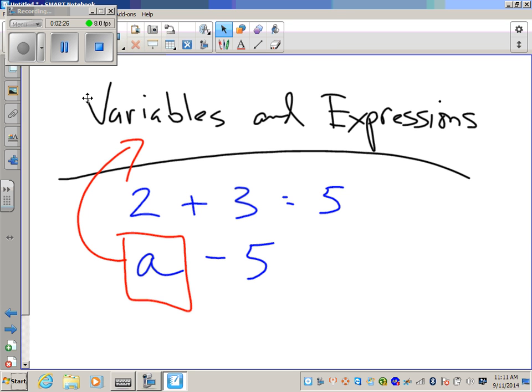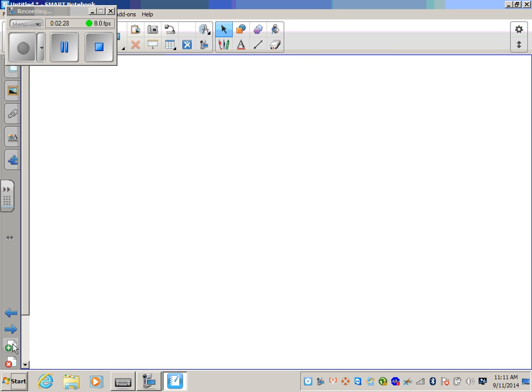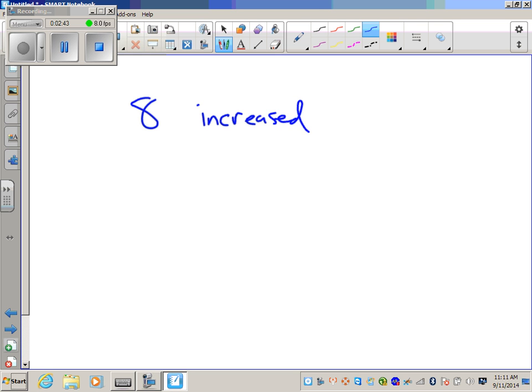For example, if I said to you, give me just a numerical expression that means the same as 8 increased by 20. Okay, that's what it looks like in words. How can I put it into a numerical expression?